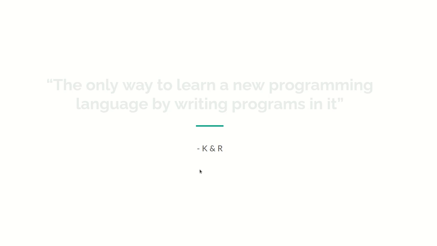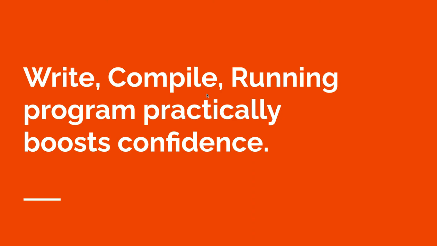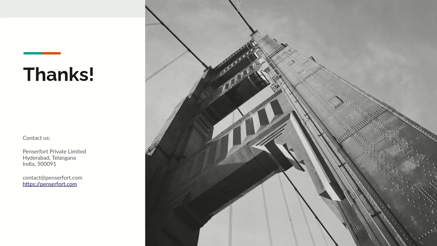This is from Kernighan and Ritchie itself, from that book. This is an important quote. One takeaway: writing, compiling and running programs practically boosts confidence. So that's what we saw today: writing, compiling, running, what is compile time, what is runtime, and what the different intermediate files are in each stage of the compilation process. Thank you.